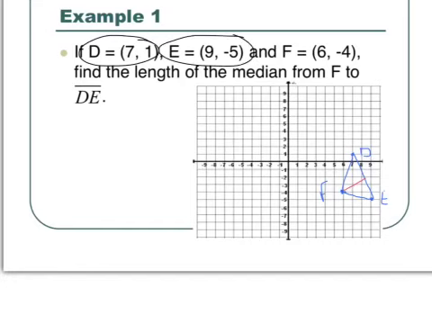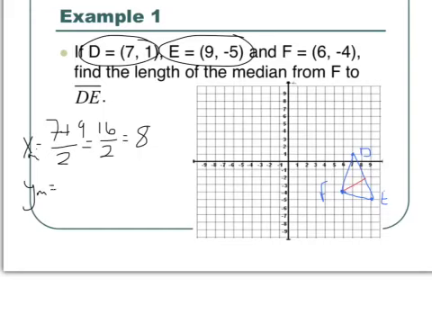For my x's, I'm going to have 7 plus 9 over 2, which gives me 16 over 2, so I have 8. And for my y's, I have 1 plus negative 5 over 2, so I end up with negative 2.